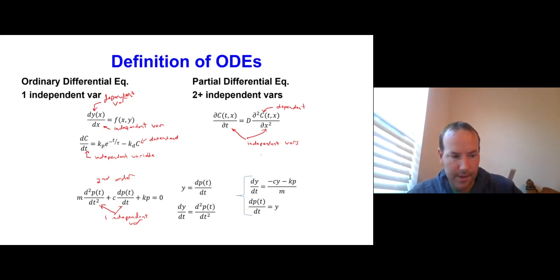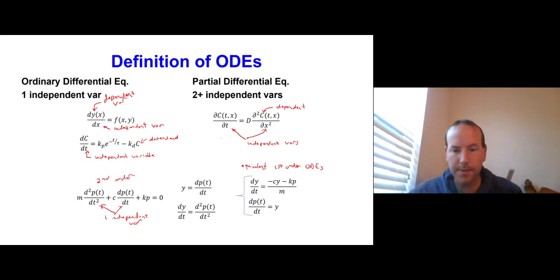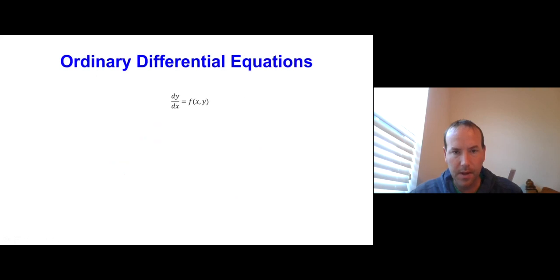Then you can rewrite this as a system of two coupled first order ordinary differential equations. This is an equivalent set of first order differential equations. Okay, so that's some basic definitions about differential equations.